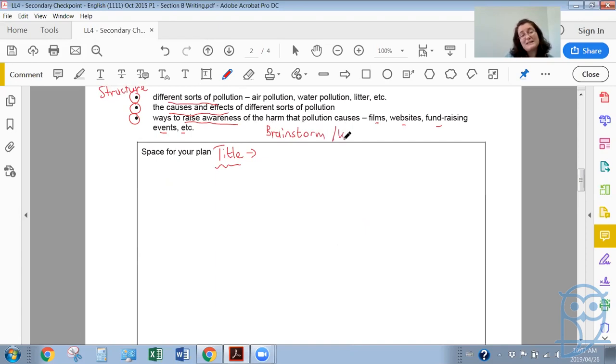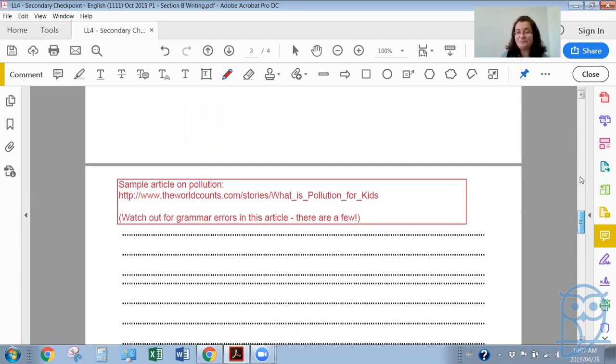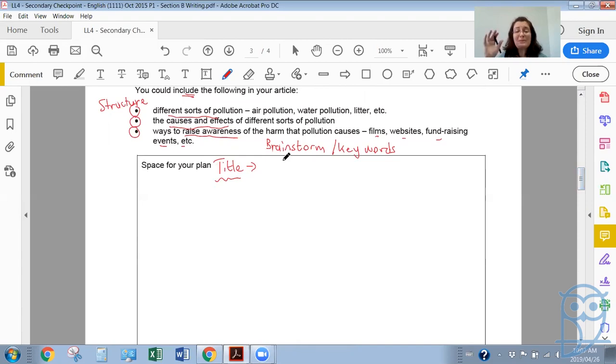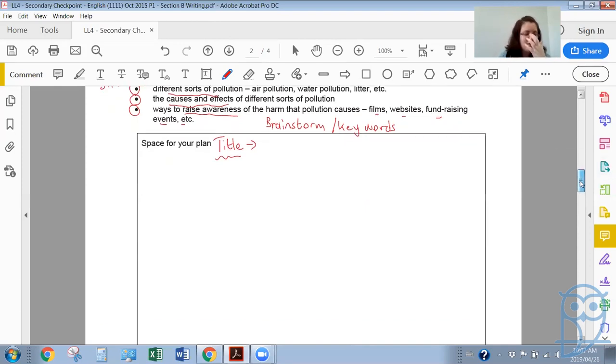Keywords and key phrases that you can expand on when it comes to writing your article. Remember, you're not writing out the article here in the plan. You're just going to spend 5 to 10 minutes listing out keywords and key ideas that you want to explore more fully when it comes to writing your ideas out in full.